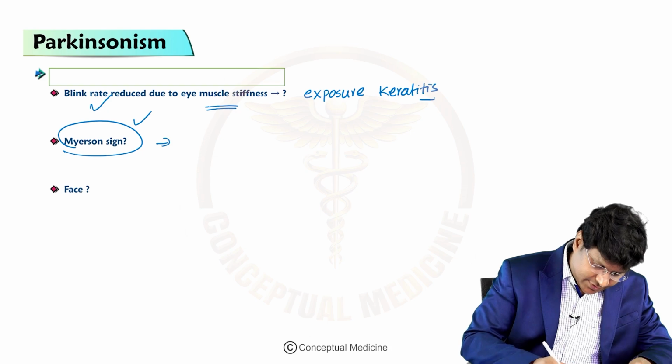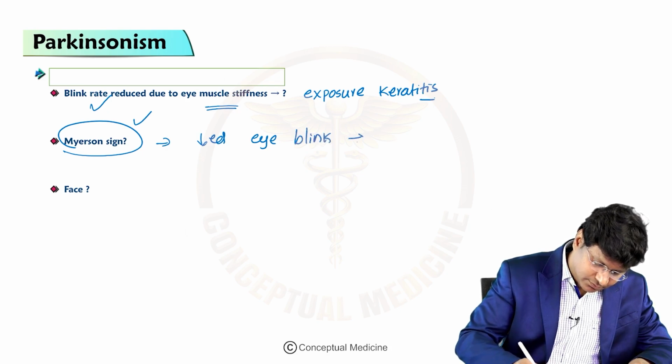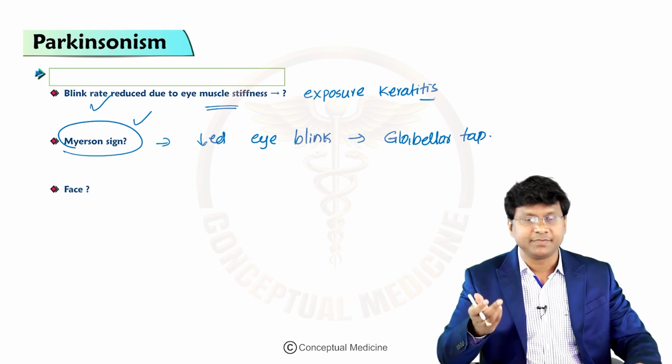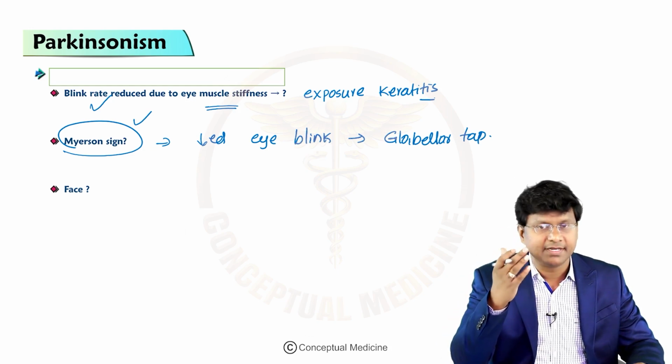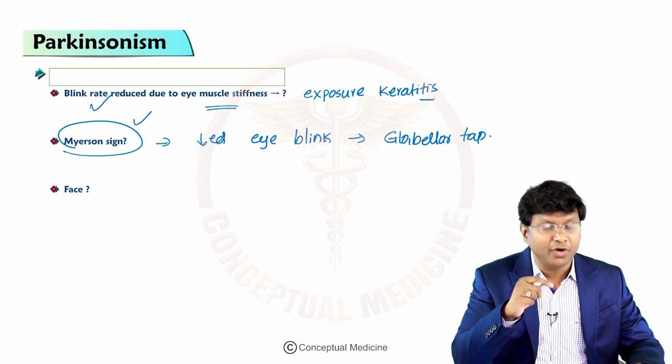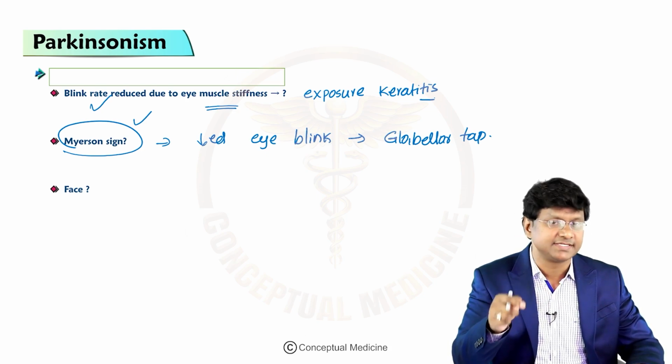There is reduced eye blink upon the glabellar tap. Normally when you tap over the glabella, the eye blinks, but here there will be a reduced eye blink, and that is called the Myerson sign.